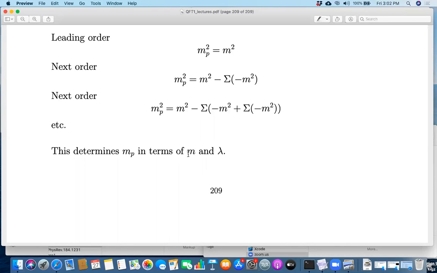The way to avoid this confusion is that it is possible to reformulate this perturbation expansion, not in terms of m and lambda, but in terms of some renormalized mass m, which you can take to be the physical mass or something else, and a renormalized coupling lambda, which is related to some physical 4-point scattering. Those have to be small in order for the perturbation expansion to make sense.